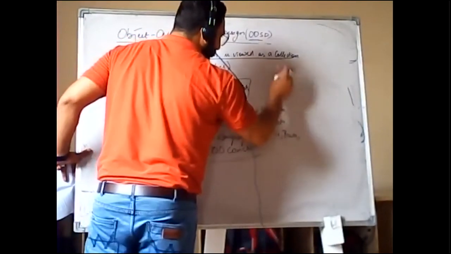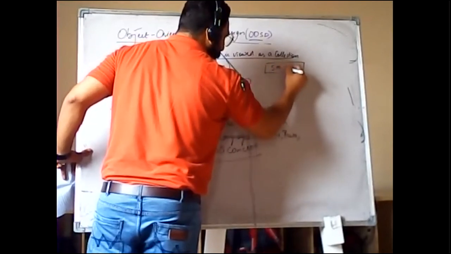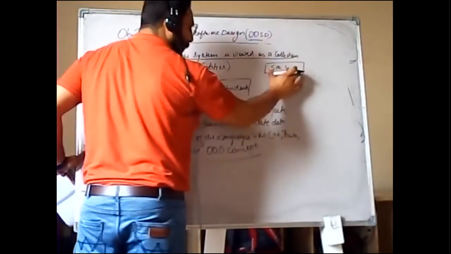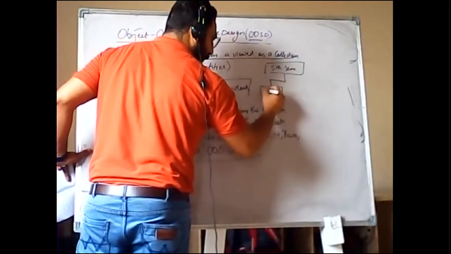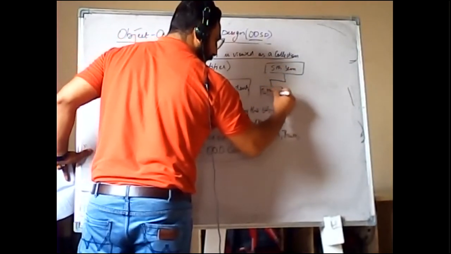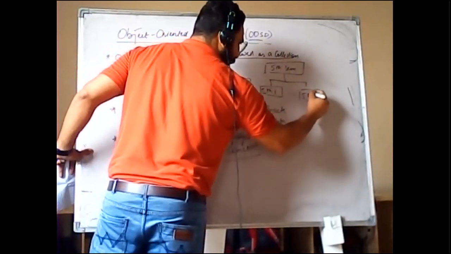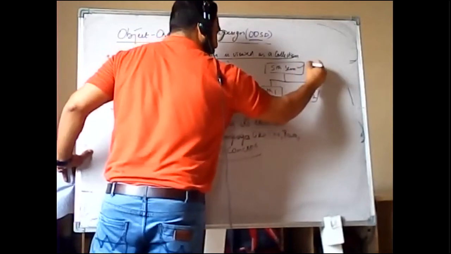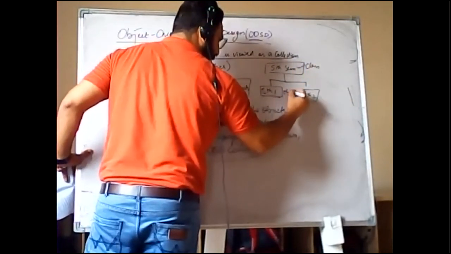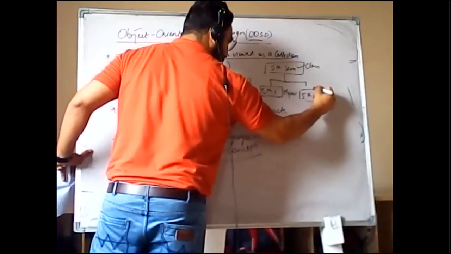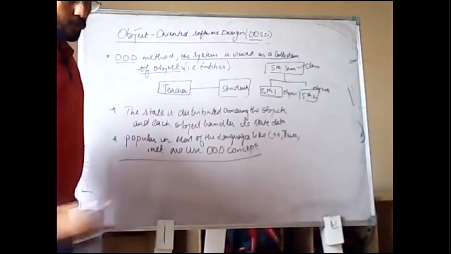If I say this is the 5th semester, this is the class name. Further, in 5th, there is a 5th one, and there is a further 5th 2. This is your class, and these are the objects, which we have to show through a diagram.